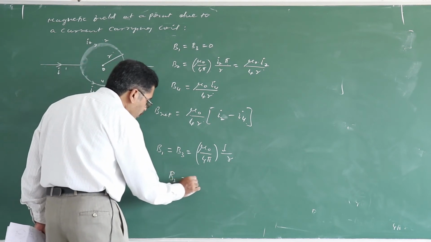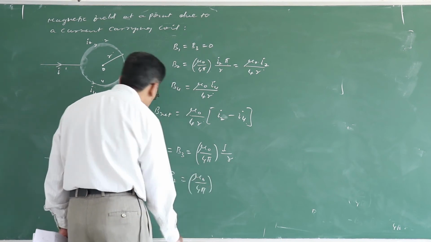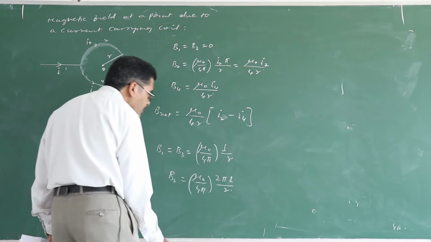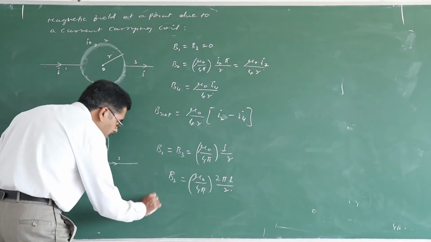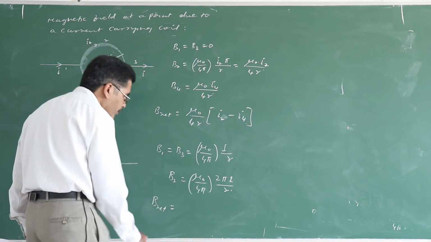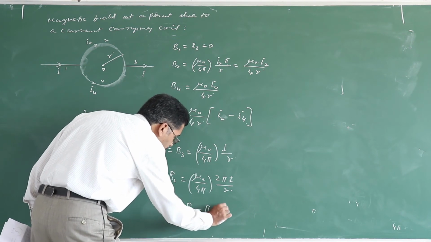B2 is equal to mu naught by 4 pi 2 pi I divided by R. What is the net magnetic field? B net is equal to B2 minus B1 minus B3.